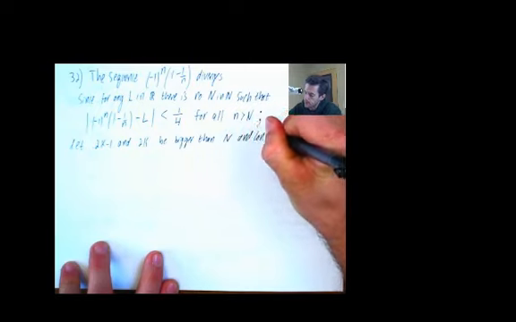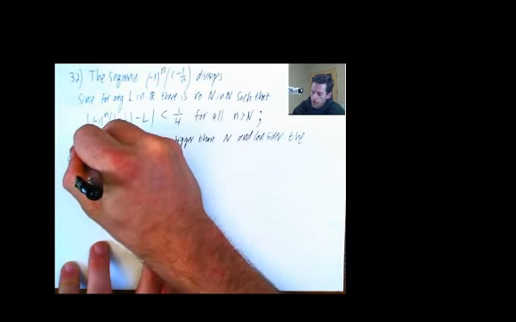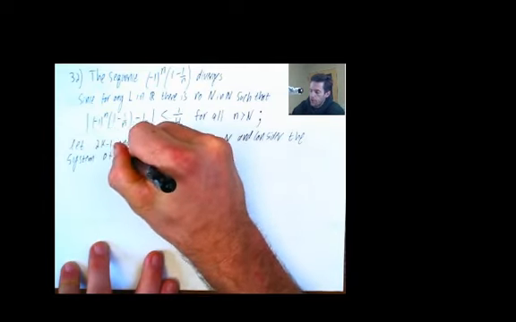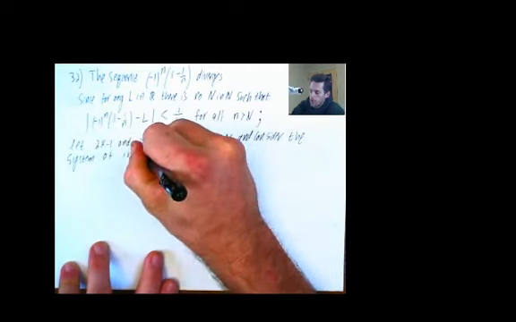All right, system of inequalities. Okay, first off, I'm going to put in the inequality here with n replaced by 2k - 1.